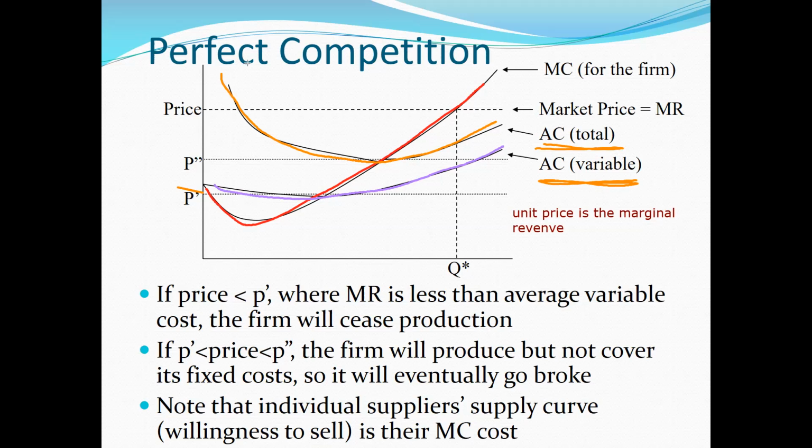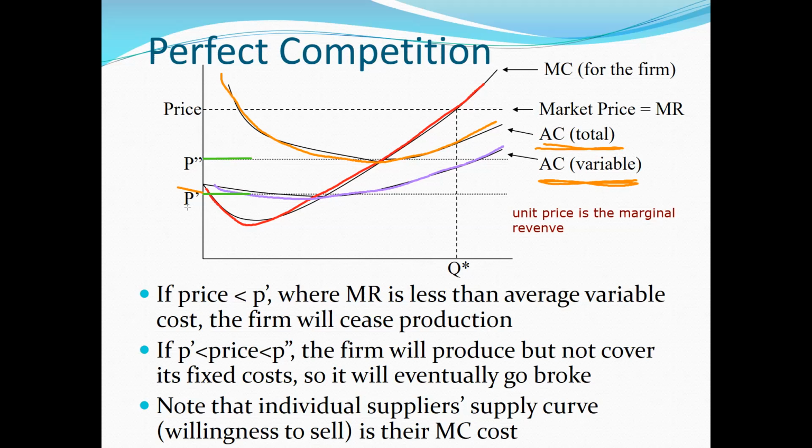But if the price is between P prime and P double prime, so these are the two broken lines here, the firm can produce because they still make more money than their average variable cost. But in the long run, it cannot recoup its fixed cost.